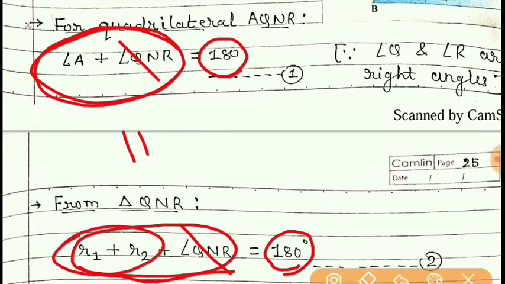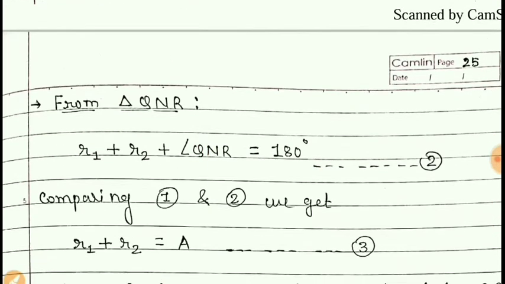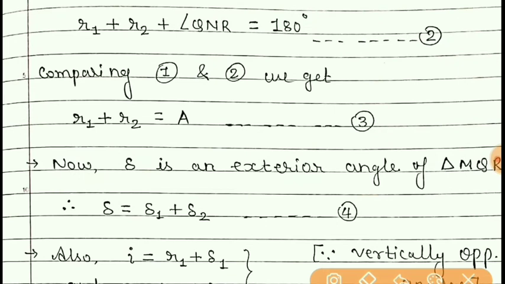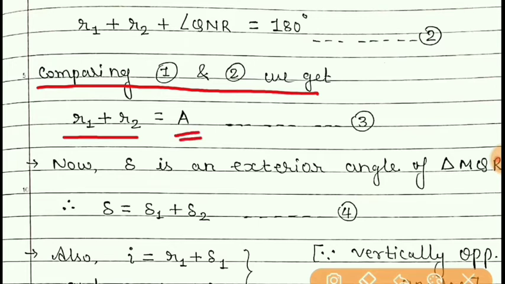What remains here? R1 plus R2, and here A. So R1 plus R2 is equal to A. So I have written here, comparing equation number 1 and 2, we get R1 plus R2 equal to A. Let us give this equation number 3.